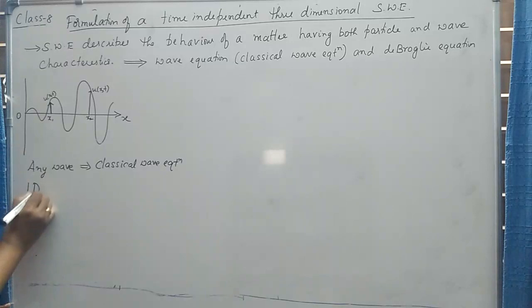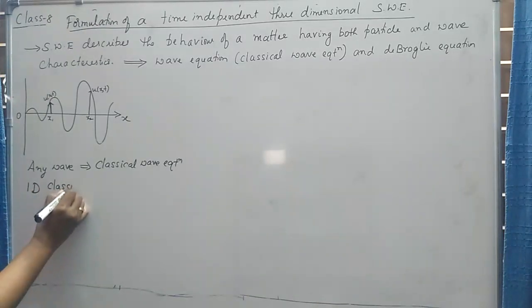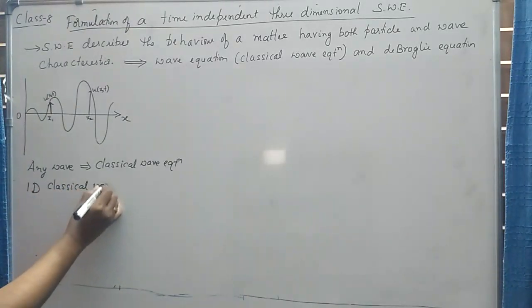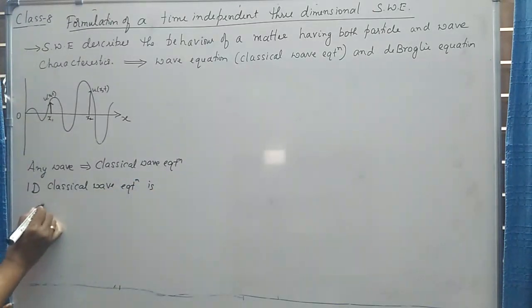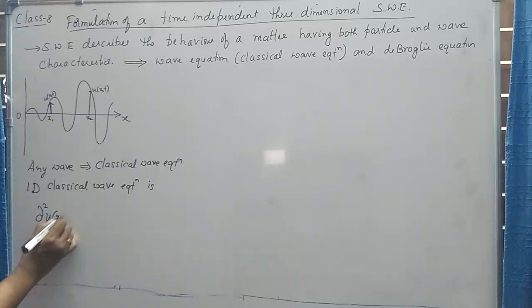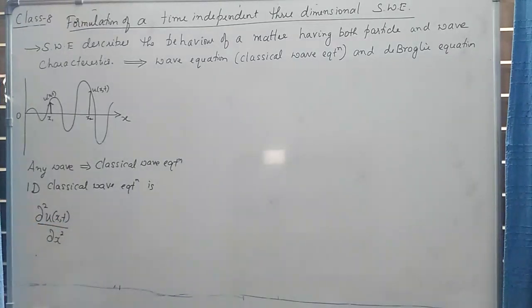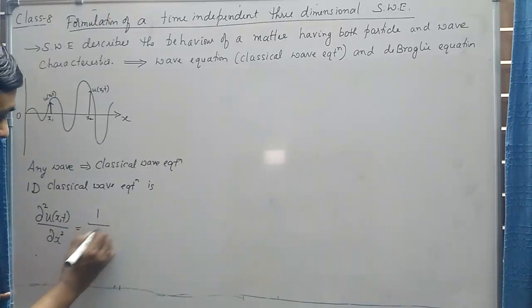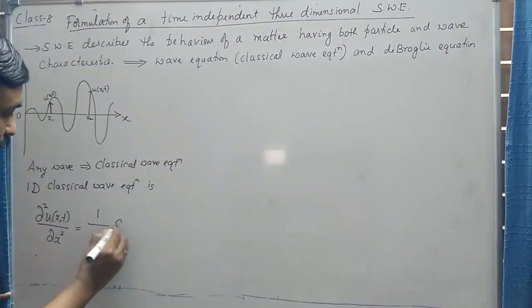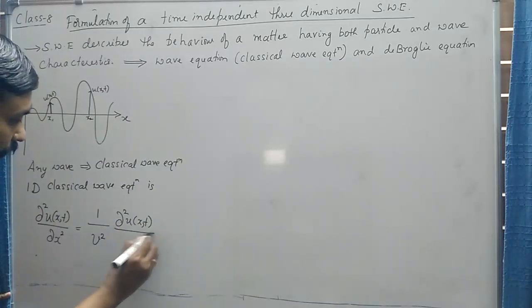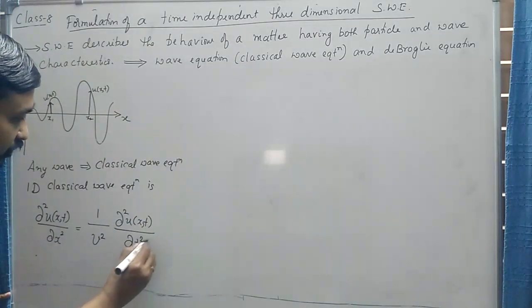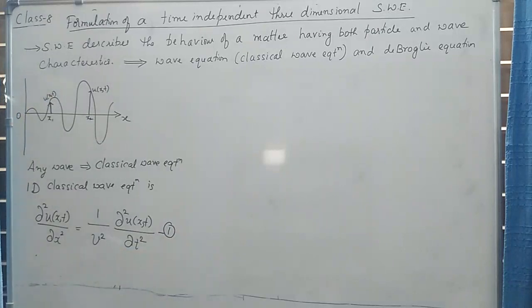And the one-dimensional classical wave equation is dou square u of x comma t divided by dou x square is equal to 1 by v square into dou square u of x comma t divided by dou t square. So this is the one-dimensional classical wave equation.